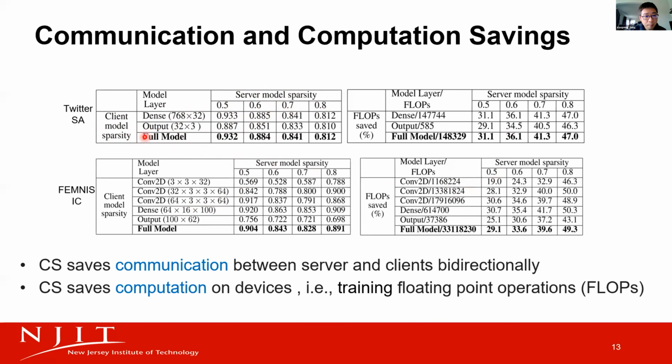That's why the client model sparsity is always as high as 93% sparsity. So from these tables, we see that in our process, we can save communication between the clients and the server bidirectionally, and also save computation on the device.